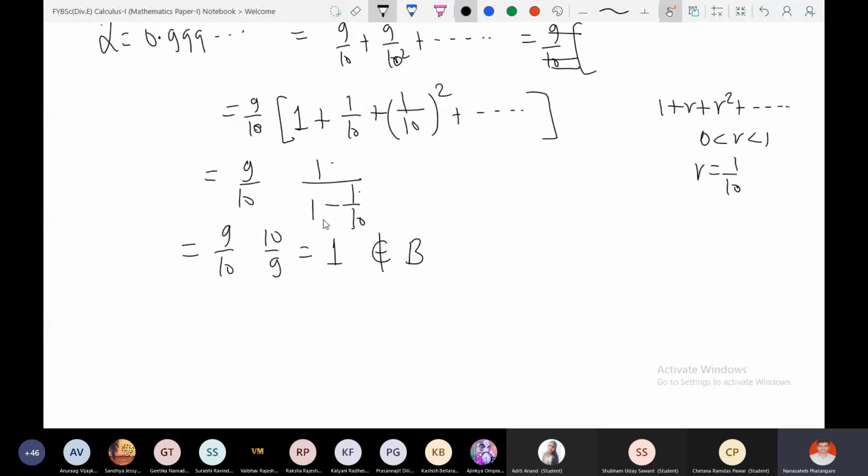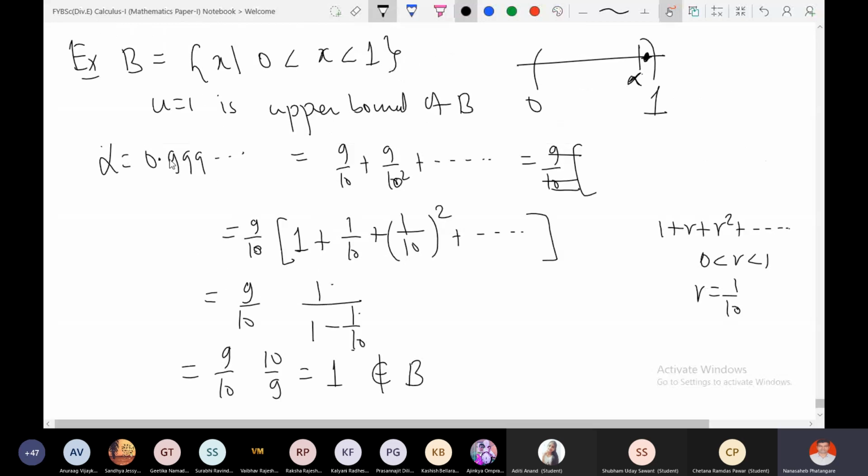And where does it happen? If you are writing 999 and you should not stop, you have to write down all the digits. When will this process end? It will go to infinity. If you keep on writing 999 and the digits are infinitely many, this process will not end in finitely many years.